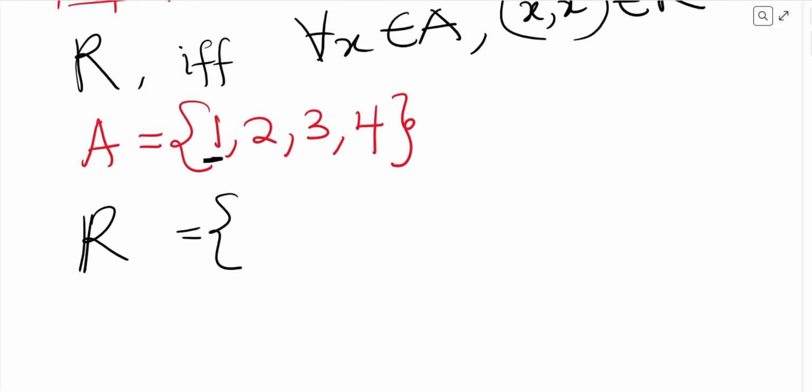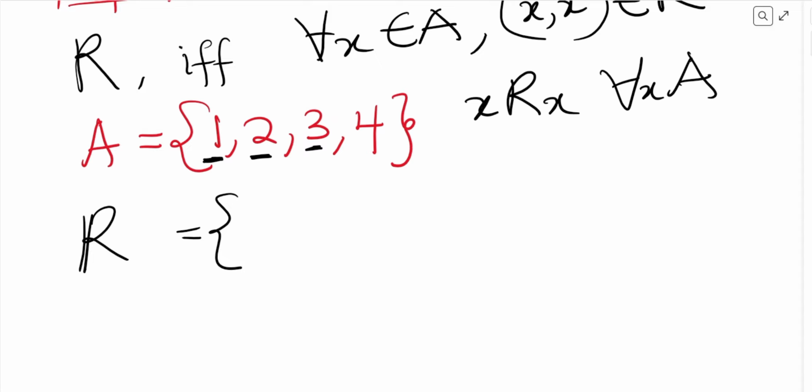Since we have 1 must map to itself. Since we have 2 must map to itself. Since we have 3 must map to itself, and 4 as well must map to itself. In a nutshell, every element X must relate to itself for all elements in the set A.